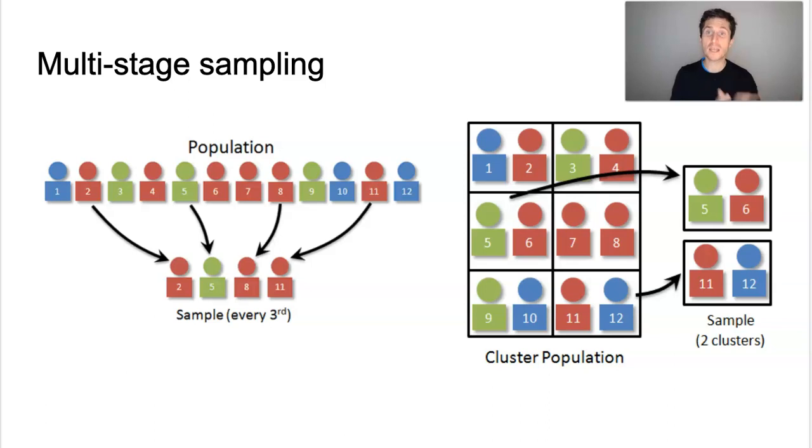So we might take a systematic approach first. We might look for maybe the third person in a population, just randomly selecting every third person. And when we have that sample, we then look for their membership as a part of clusters and take just the clusters from that sample population.